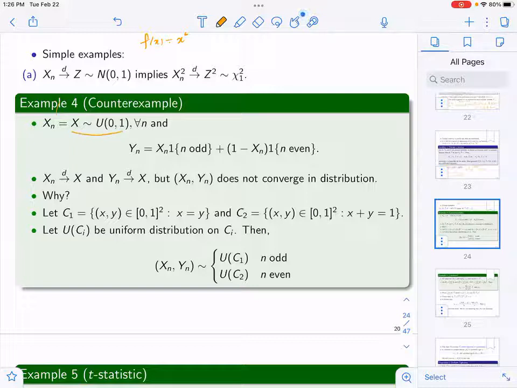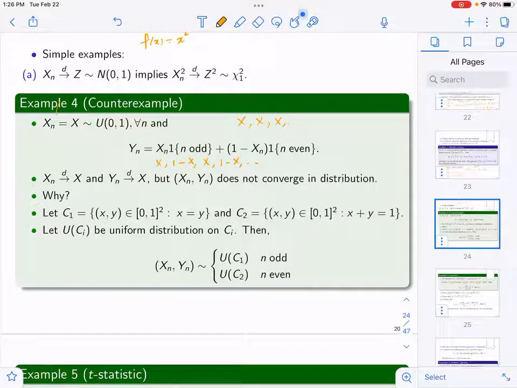So it's the sequence X, X, X, and so on. I have another sequence y_n that's equal to x_n if n is odd, and 1 minus x_n if n is even. So y_n would be X, 1 minus X, X, 1 minus X, and so on. It just flips between X and 1 minus X.